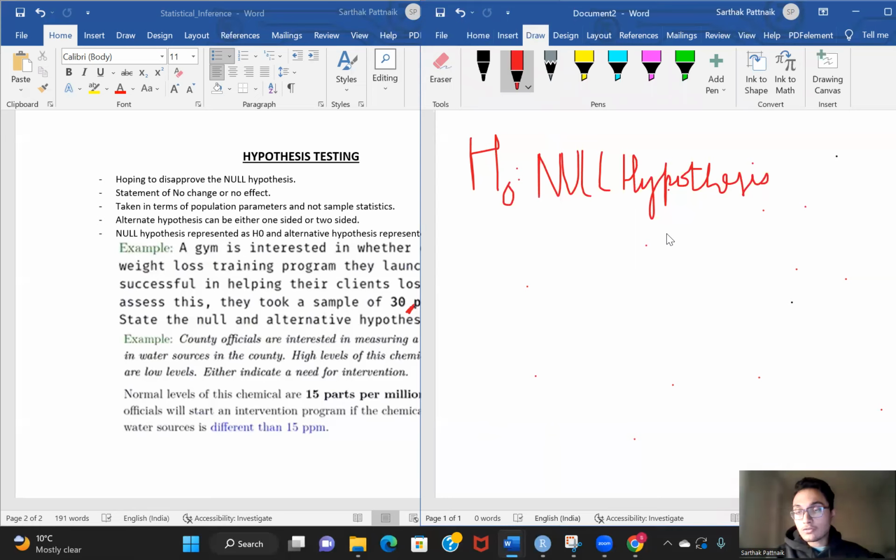This is also the condition of no change, because most of the time, the null hypothesis indicates that there are no after effects or no change after a certain event has occurred. The alternative, or the opposite, to the null hypothesis is called the alternate hypothesis, or HA.